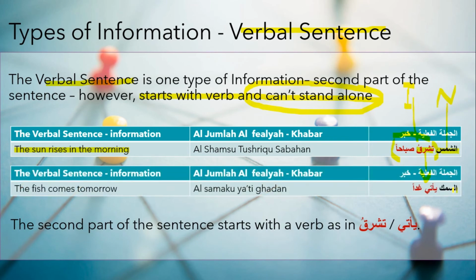The second example here, السمك يأتي غدا, the fish comes tomorrow. يأتي, تشرق. Those two words are verbs. We started the second part of the sentence with them. That's why we said this type of information is a verbal sentence type.